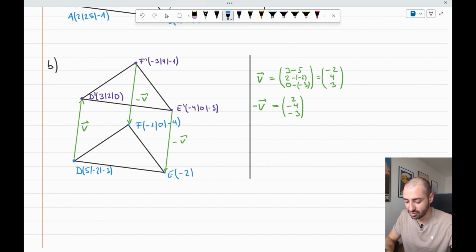Then 0, we move minus 4 in the y direction, so we're at minus 4. And for z, we're at minus 3 and move minus 3 in the z direction, so we are at minus 6 in the end. And so finally we have our coordinates of the original triangle.